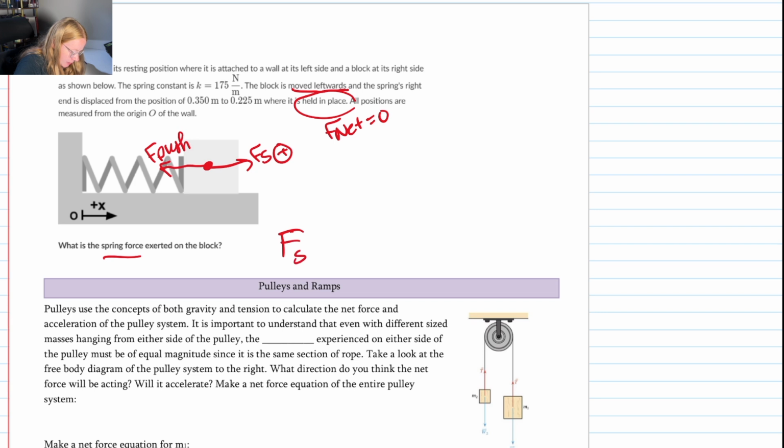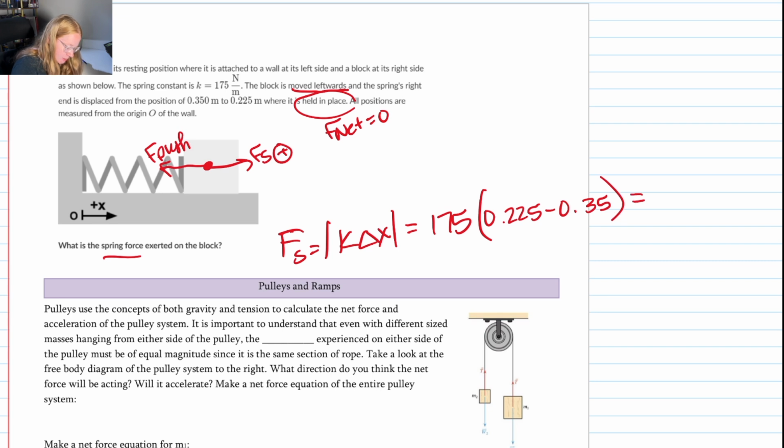So we don't even really need to do a free body diagram. We just need to think about K delta X, and it gave me all that information. So K is 175. The change in X, we started at 0.35 and we went to 0.225. So remember, change is final minus initial. And from our free body diagram, we know that that answer should be positive.